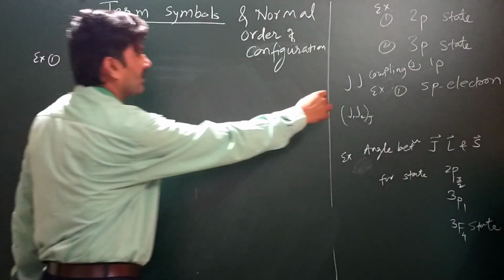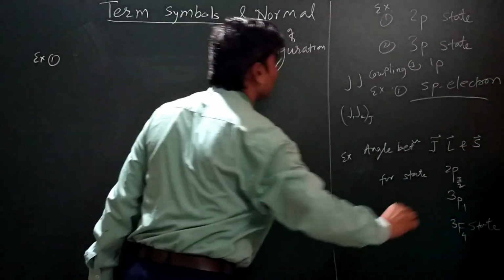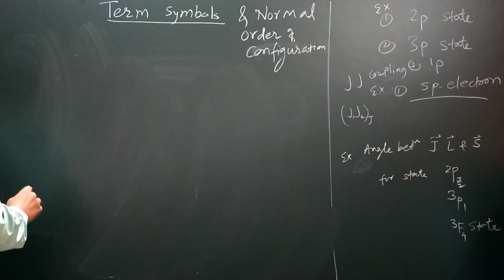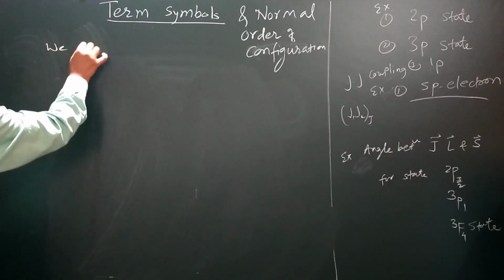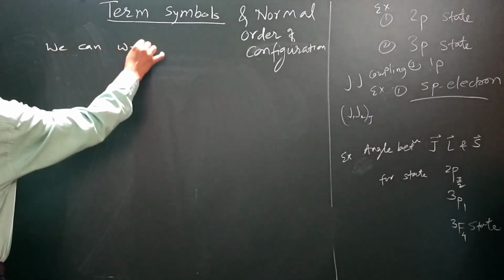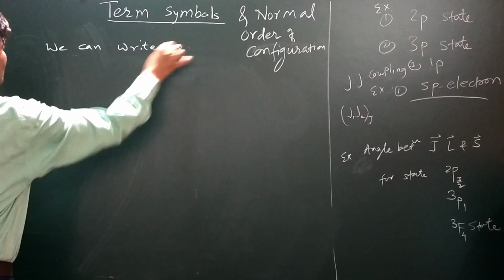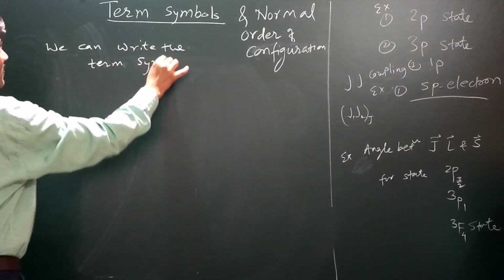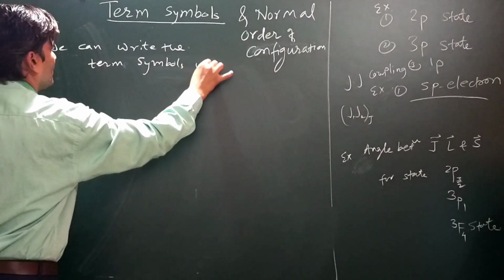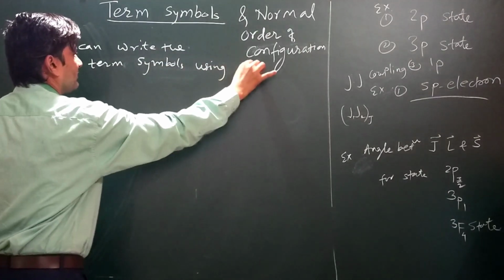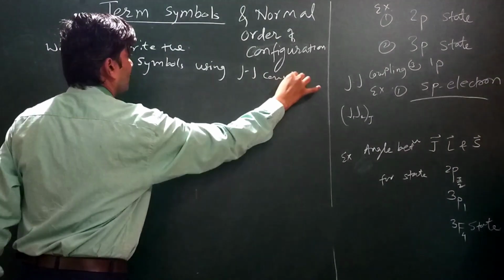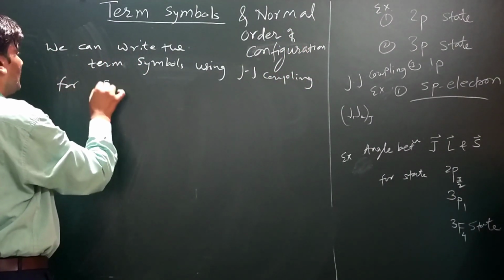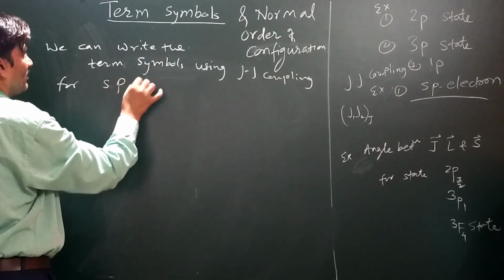If we take this example, the sp electron configuration, we can write the term symbol using JJ coupling.